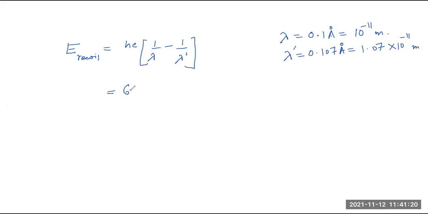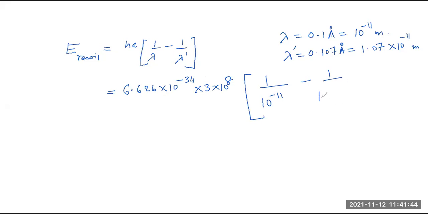So h is 6.626 into 10 to the power of minus 34. c is 3 into 10 to the power of 8. 1 by lambda is 10 to the power of minus 11 minus 1 by lambda prime is 1.07 into 10 to the power of minus 11.